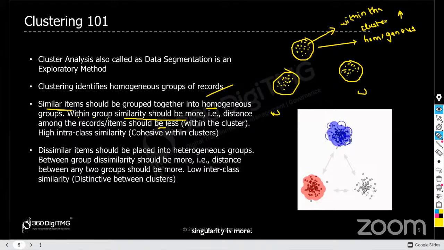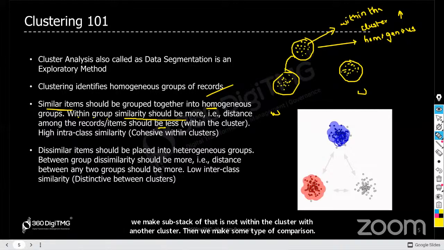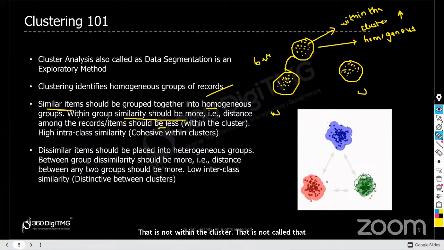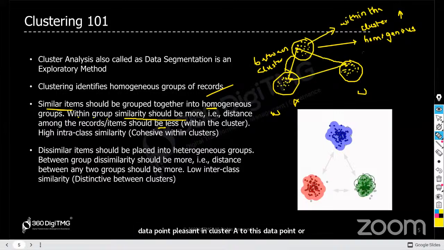What happens when we compare one cluster with another cluster, which means one group with another group, or one record in one cluster with another cluster? That is not within the cluster. That is called between cluster. We are understanding the similarity between this data point in cluster A and this data point or this data point, so we are making comparisons between different clusters.